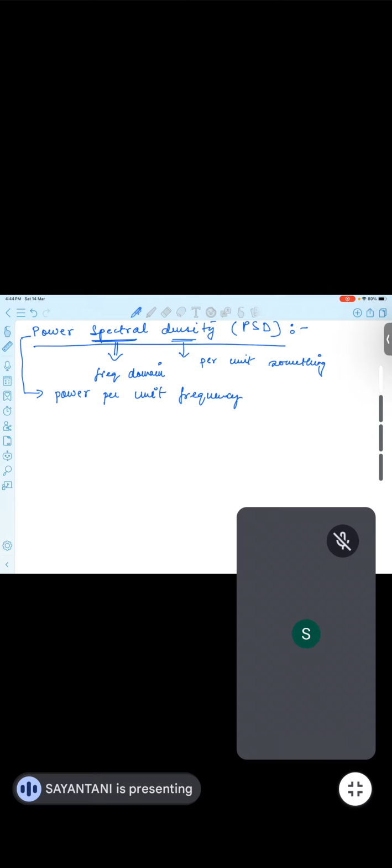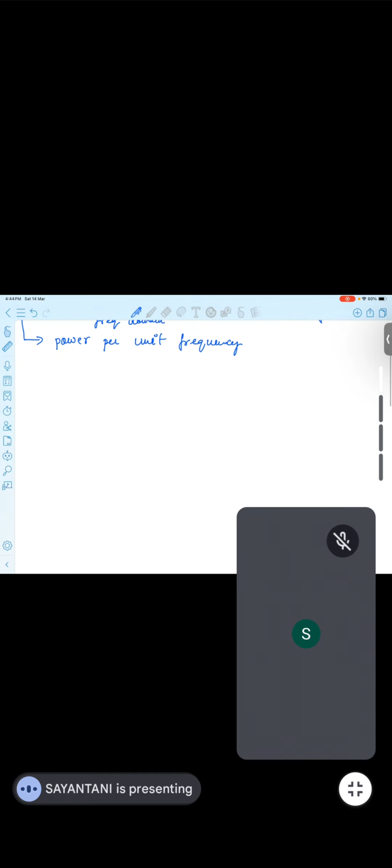So first of all, for applying PSD, you have to convert the time domain based signals into frequency domain. So from time domain, you're going to move to frequency domain. And you can perform that in any particular way.